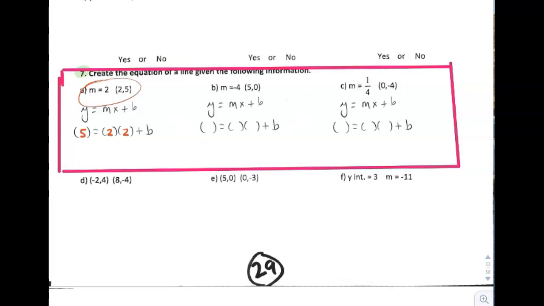For this one, your y, your m, and your x. And for this one, your y, your m, and your x. Anything times 0 is 0, right? So I want you to finish these three right here, and that's what you're going to upload and post to Google Classroom is number 7 ABC on page 29.